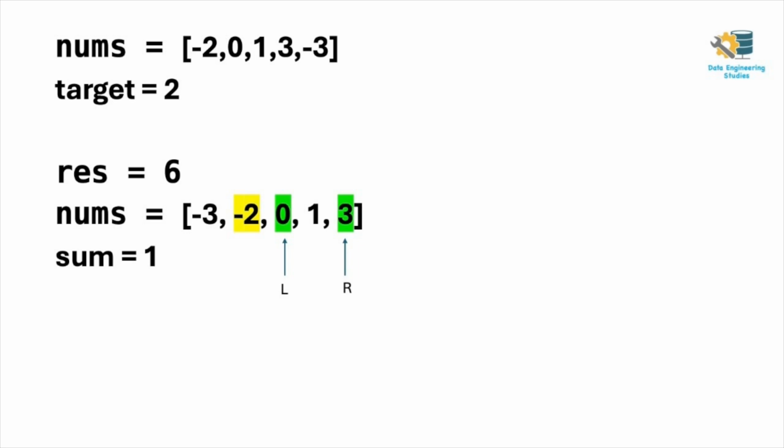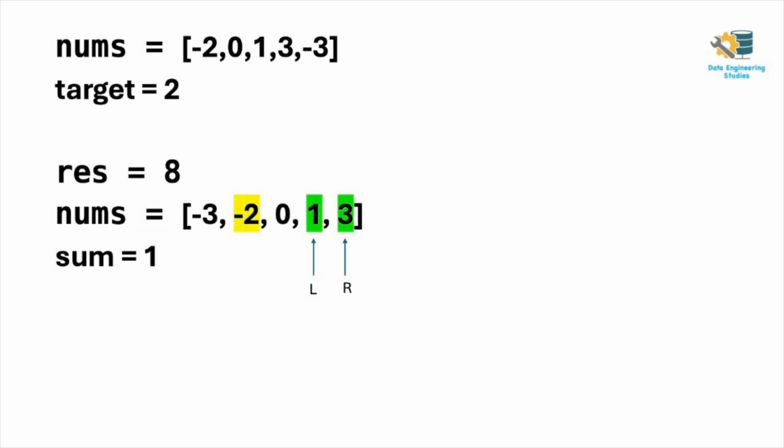The sum of -2, 0 and 3 is equal to 1. There is another triplet between R and L, so R minus L is 2. Our result becomes 8.